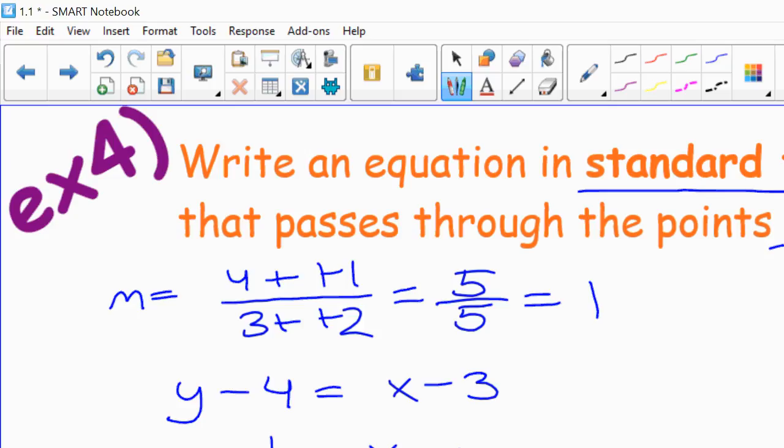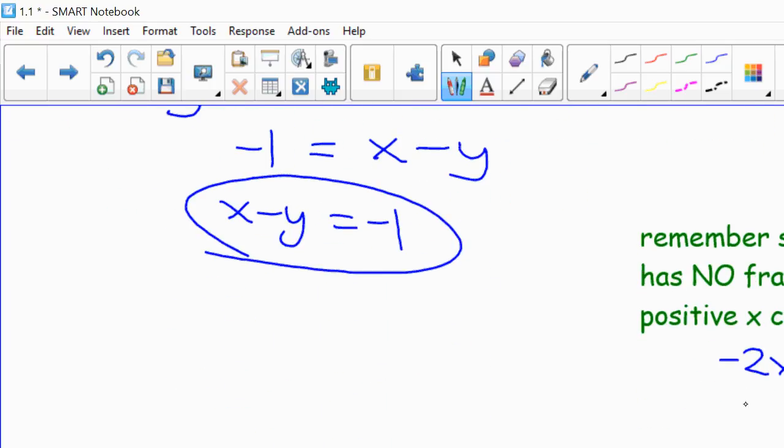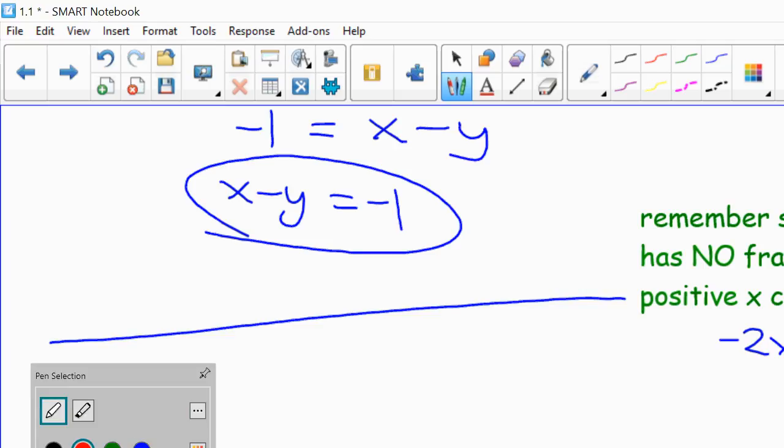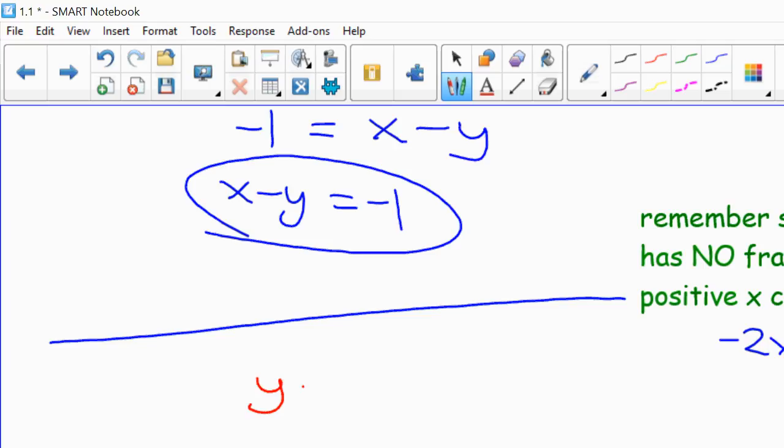Okay, and let me show you an example here. So this one gave us a nice slope. Let's say we had something like this. Hypothetically, let's say we had something like y minus 3 equals 5 halves. I'll erase the whole thing. Okay, guys, you up here?